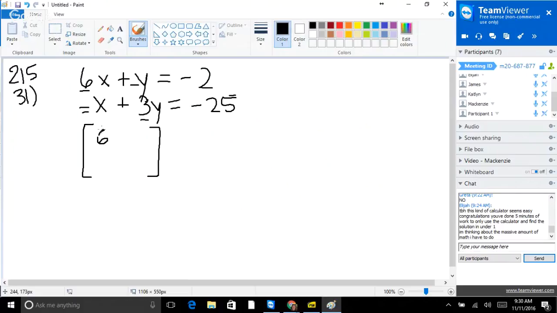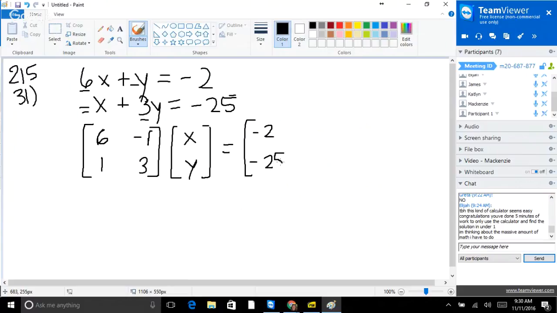So out in front of x is 6, out in front of y is -1, out in front of x is 1, and out in front of y is 3. So this is our coefficient matrix, and we multiply that by the variables, x and y. Then we get our results, -2 and -25. Okay, so this is a different way of writing this system of linear equations.